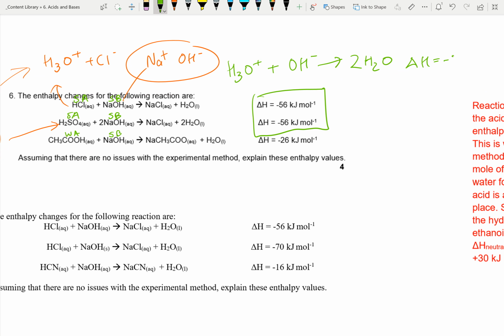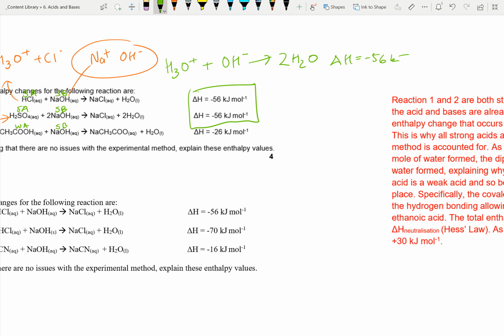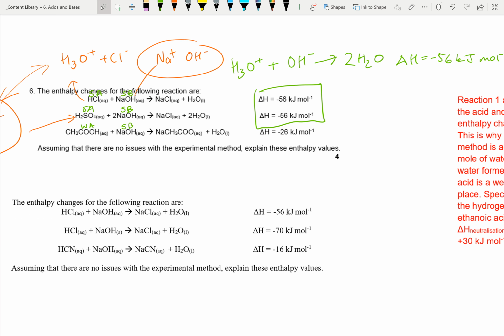Experimentally, it's always around -57, -56 kilojoules per mole. It's the accepted value for neutralization if it's a strong and a strong. That's what you've got to get into your answer, that these are both doing the same. The other thing you want to focus on is the definition of neutralization, which is per 1 mole of water formed.